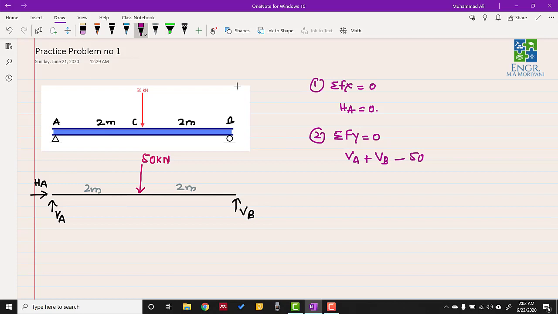This is again with the sign convention that we follow. This gives us VA plus VB is equal to 50, and this is our equation number 1.